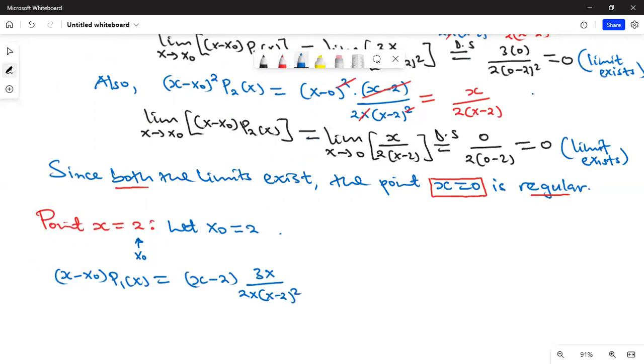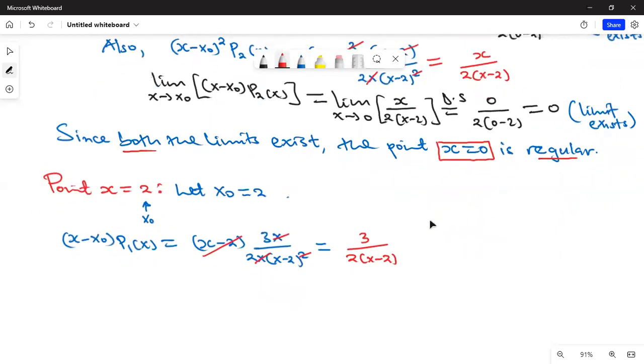If I simplify this, x minus 2 will cancel with one of them. This and this will cancel. We get 3 over 2 into x minus 2. So now find the limit as x approaches 2.